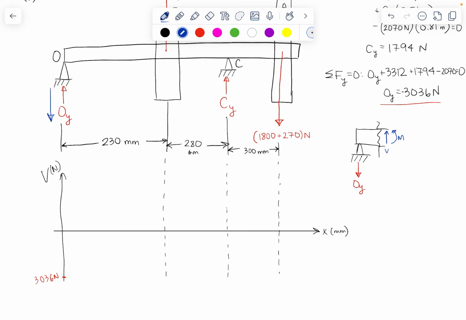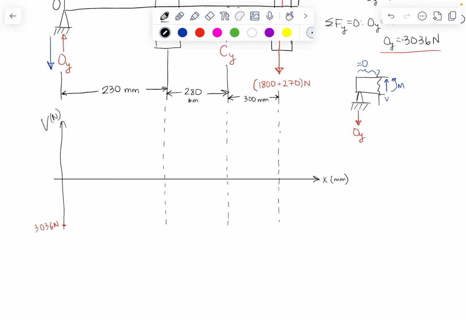I can see that my shear force is going to be equal to OY because they are equal and opposite direction forces. And my moment, assuming that I'm making this cut just after the simple support so that this distance is approximately equal to 0, my moment is also going to start at 0, right?